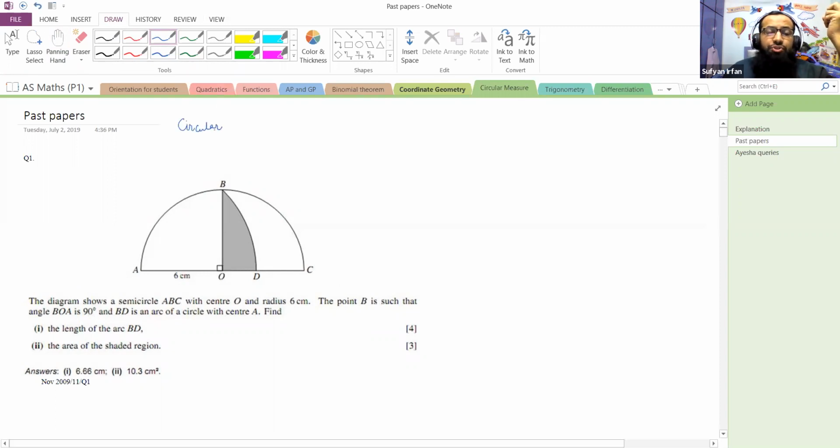Although in this particular question our calculator can be in degree mode or radian mode, for consistency I recommend that any question of circular measure should be done in radian mode, because 90% of the questions that the examiner gives will be referring to the angle in radians.